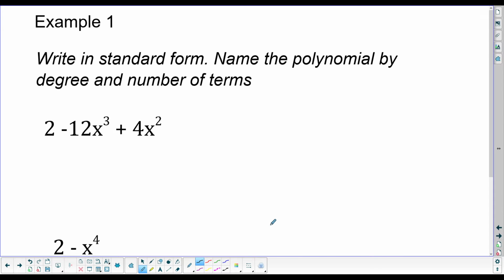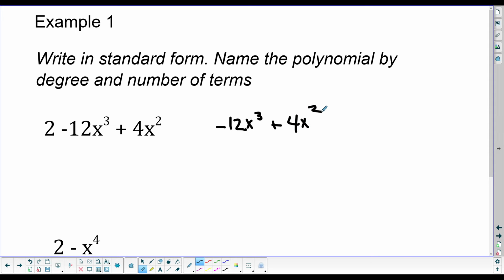So if we look at some examples here, they would want us to write this in standard form. So in standard form, I'm going to put the largest degree first. Here I've got a constant, a cubic, and a quadratic term. Cubic is the biggest one, so I would put that first: negative 12x cubed. The quadratic is next, plus 4x squared.